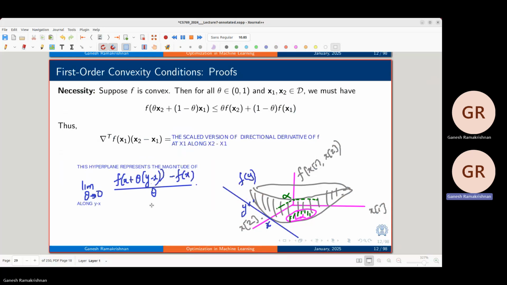You take a direction y minus x. This is the limit as theta tends to 0 of f, evaluated at the point x1 along the direction x2 minus x1.